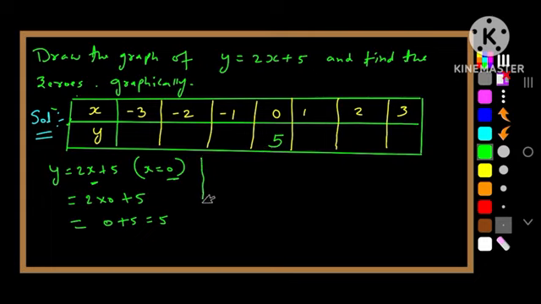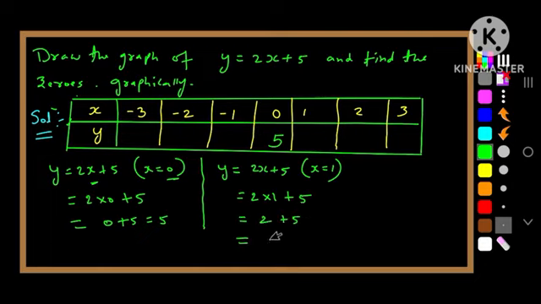So similarly, you have to find out other values. y is equal to 2x plus 5. So I will take x is equal to 1. So 2 into 1 plus 5 is equal to 2 plus 5. So 2 plus 5 is 7.